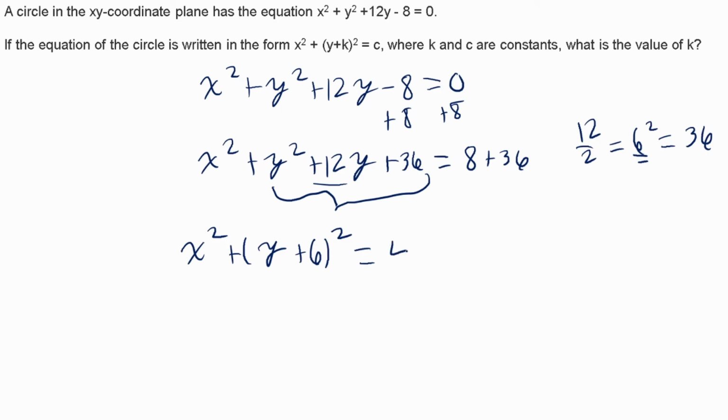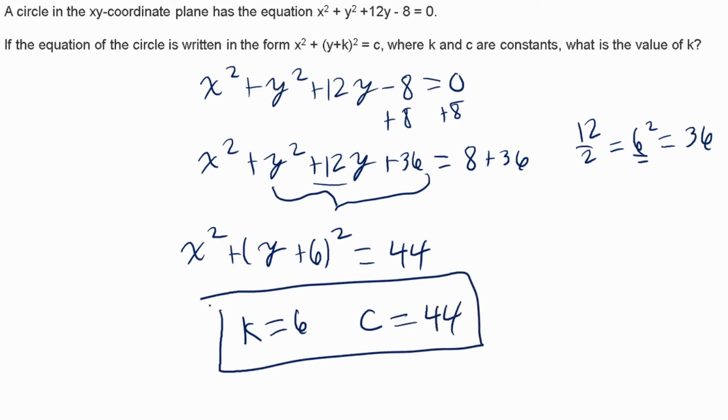Well, that's 44. And now it says, what is the value for k, and what is the value for c? Well, the value for k equals 6. The value for c is equal to 44. There's our answer.